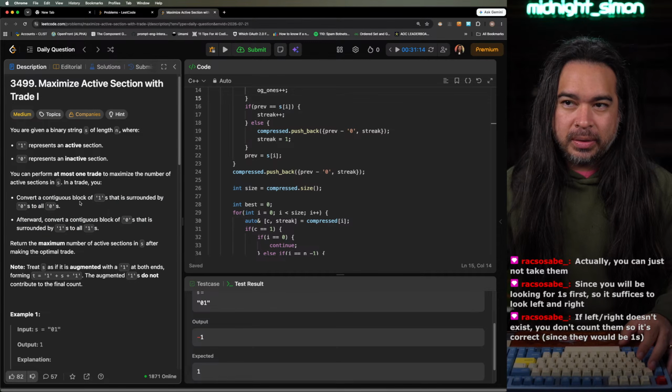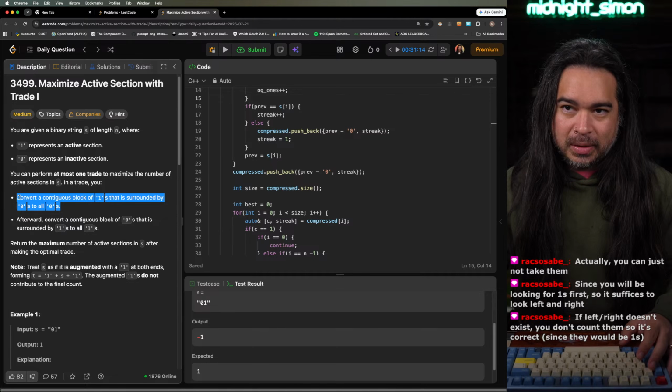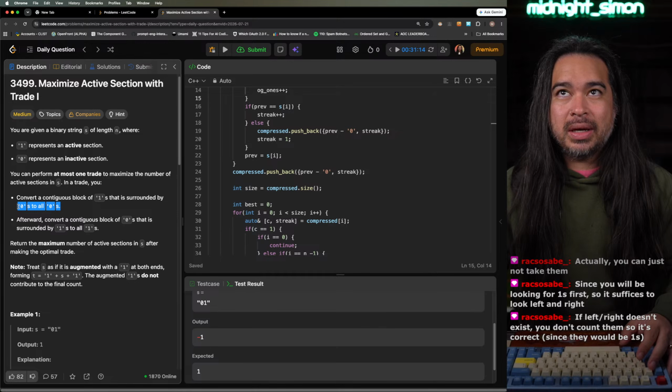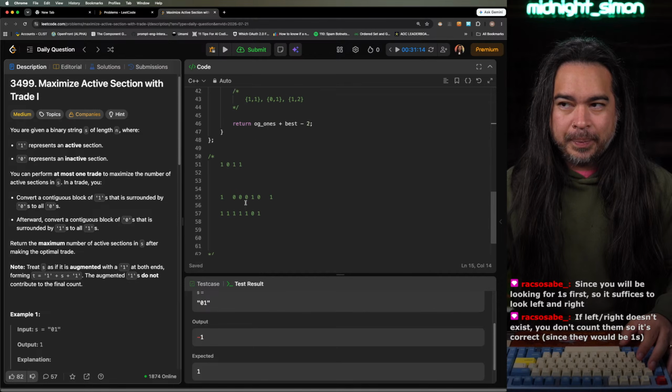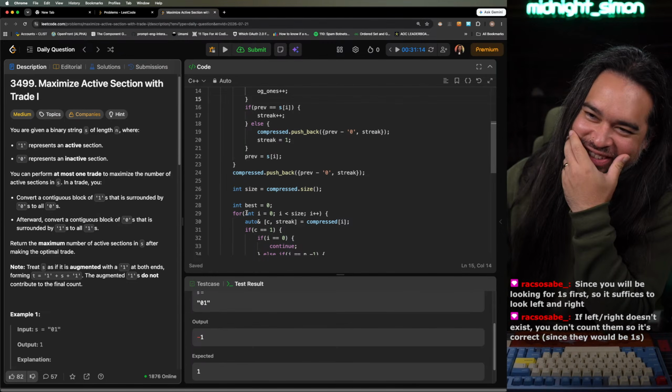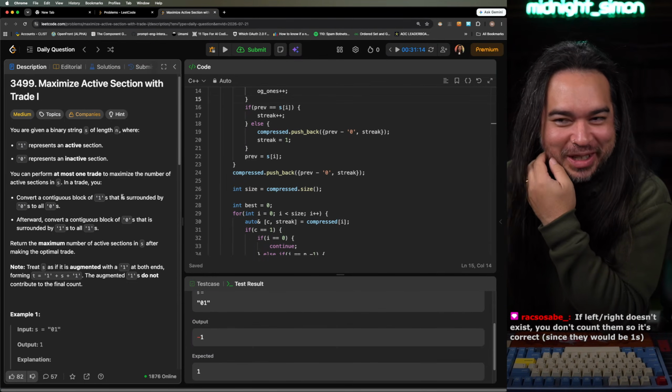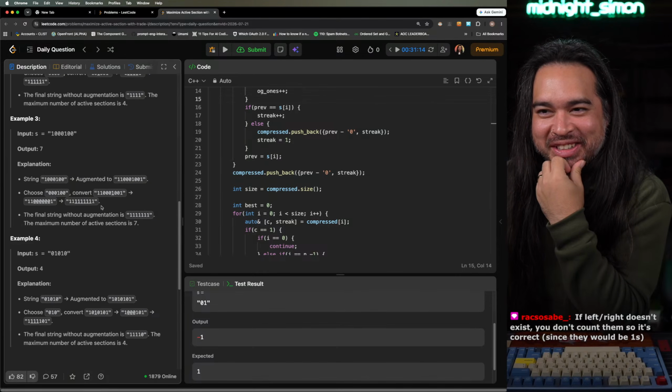Alright, convert a contiguous blocks of ones. So this group of ones I'm trying to convert is the biggest block of ones that is surrounded by zeros. I don't know, Rexo. I don't know if I want to try this problem anymore, man. I feel like to just give up.